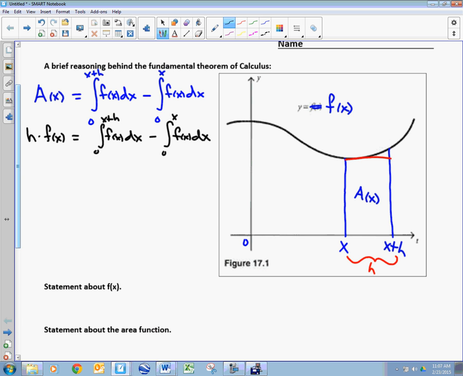I don't like the h over there, so I'm going to get rid of it. How do I get rid of it? Somebody, how do I get rid of it? Divide it off. I'm going to leave some space here.